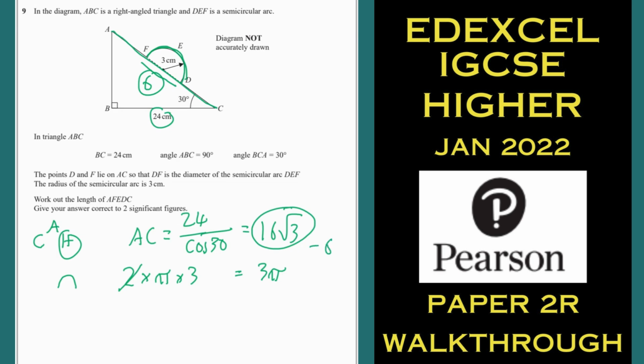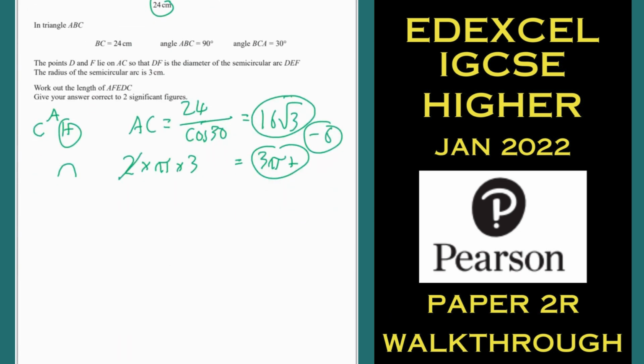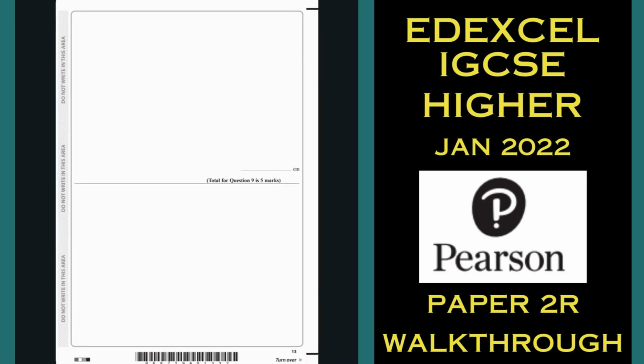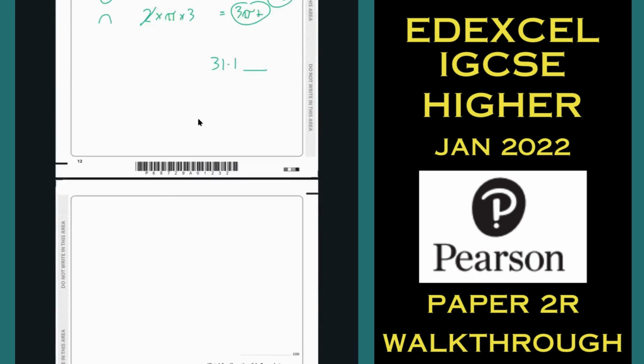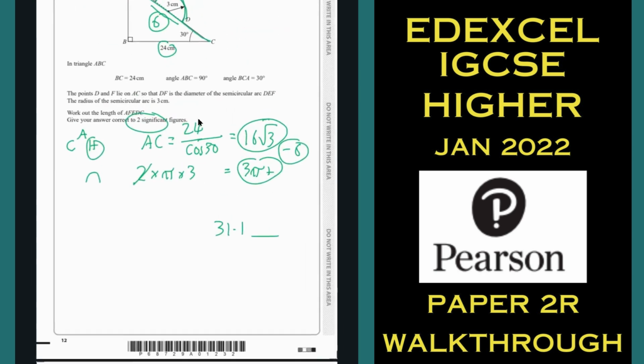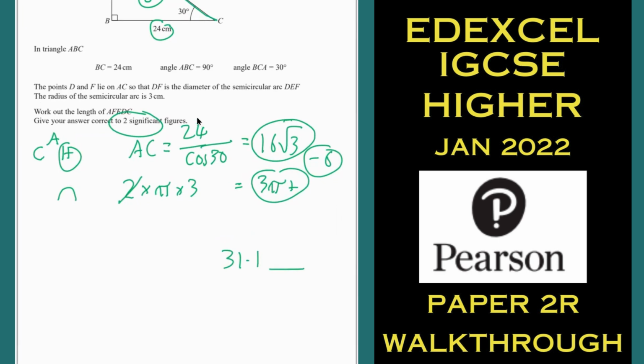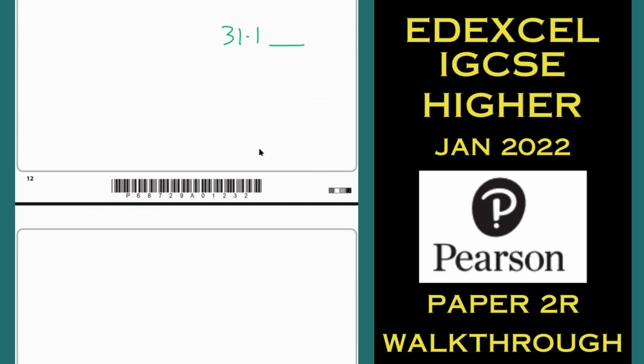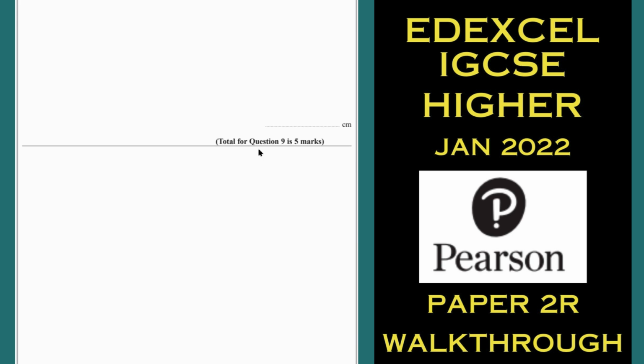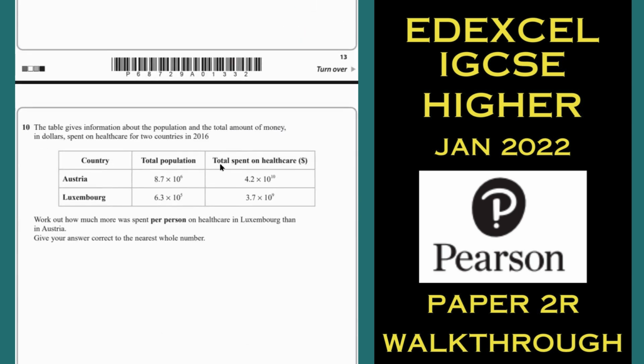But then add on your 3 pi. You should end up with 31.1-ish. But we're told 2 sig figs. Hate it when that happens. I fat fingered it. There we go. Oh, we didn't use up all their space. It should become 31. Next.